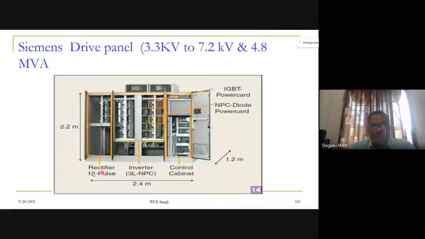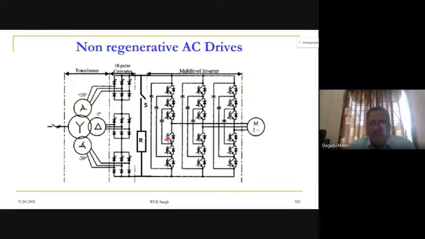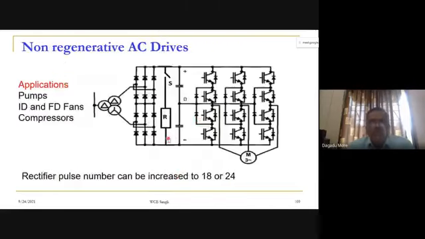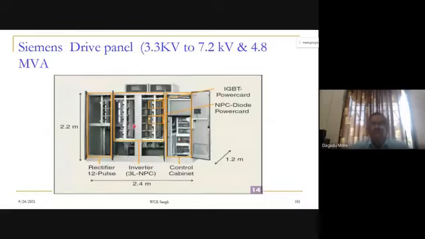The configuration they use is whatever we discussed, the same configuration is used in this particular panel. Here it is a 12 pulse rectifier, then a 3-level neutral point clamped inverter section with IGBTs.